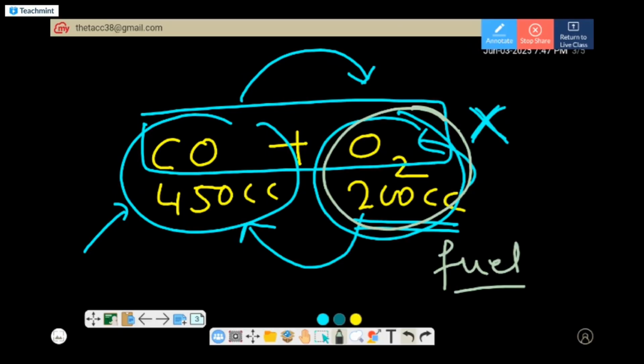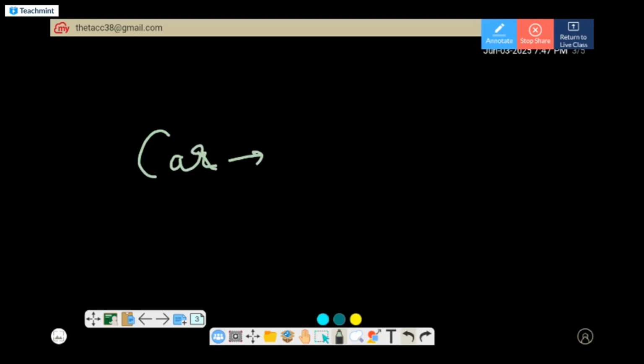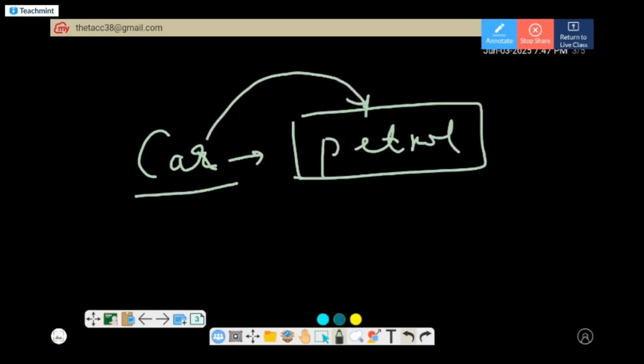Now, I may just relate it with a regular example. We have a car. It can be a diesel based car, petrol based car, CNG, whatever. Let's take it's a petrol based car. You have a car with you, but it runs on petrol, correct? Till the time the tank is filled up, the petrol is there, the car will run. The moment petrol gets over, is this car going to be in working condition?